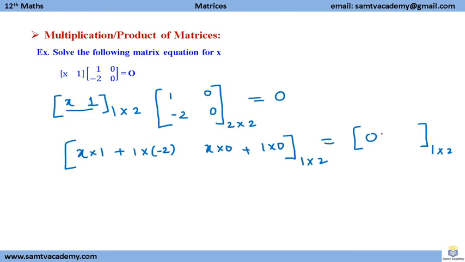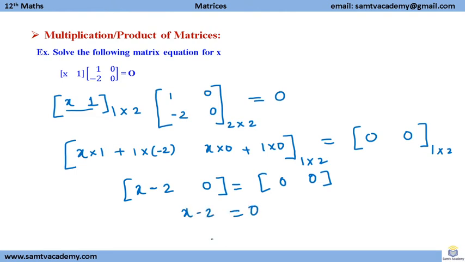So 0 0, then only we can equate, because in equality of matrices the order is the same and each corresponding element will be the same. So we get here x minus 2 and 0, that is equal to 0 0. By equating corresponding elements we get x minus 2 is equal to 0, and finally x is equal to 2. This is the value of x.